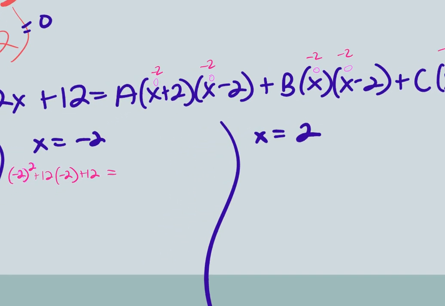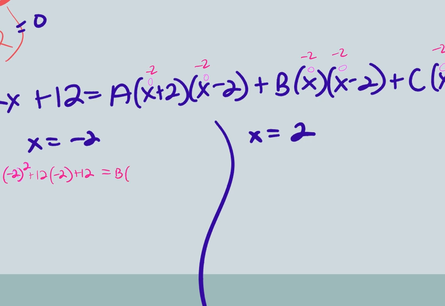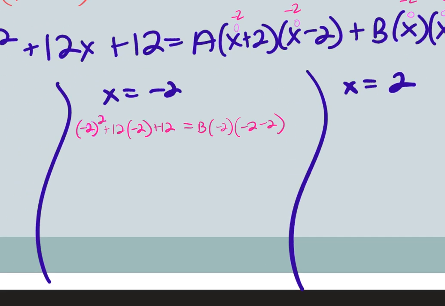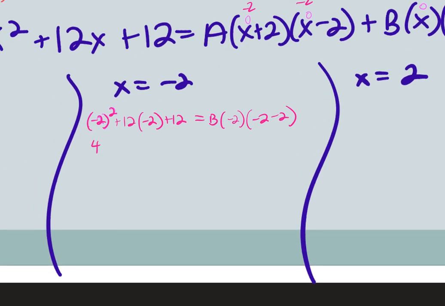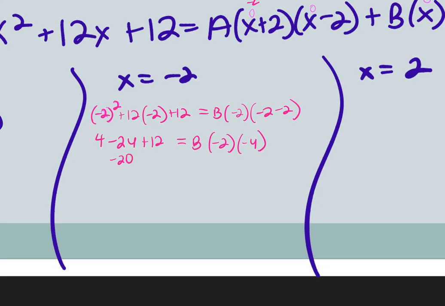A and C, which means I'm going to keep B. B times negative 2 times negative 2 minus 2. And I get 4 minus 24 plus 12 equals B times negative 2 times negative 4. So this becomes negative 20 plus 12, negative 8. And this becomes B times positive 8, so B is negative 1.